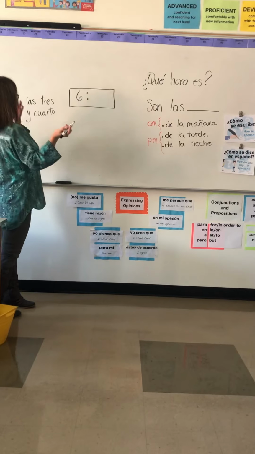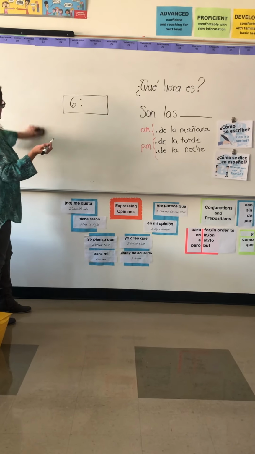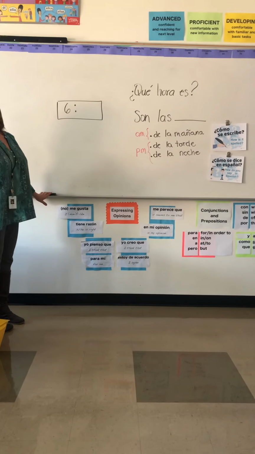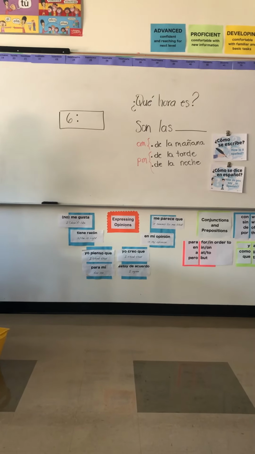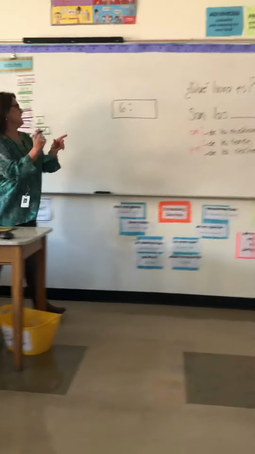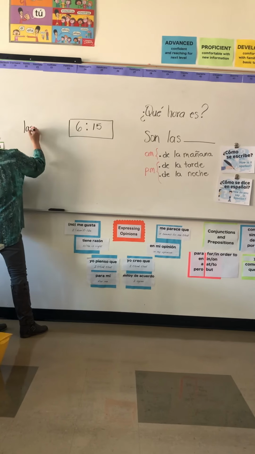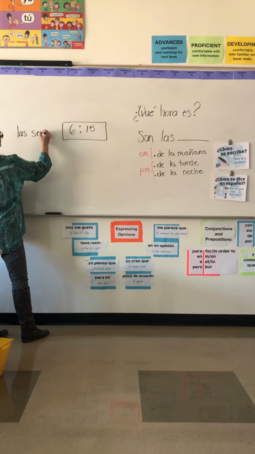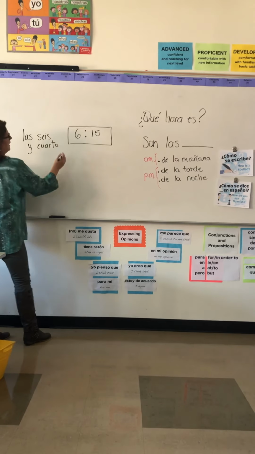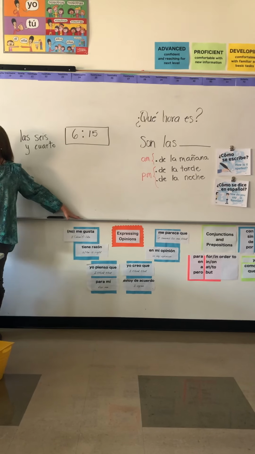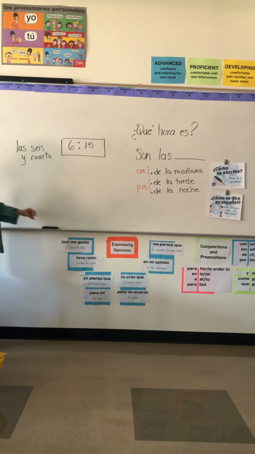Maya, what's 6 y cuarto? 6 y cuarto, what would it be? No, cuarto is a quarter, remember? Oh, 15, yes, las 6 y cuarto. Okay, I'm gonna give you 5 more times, and you have to write down what the time is, okay?